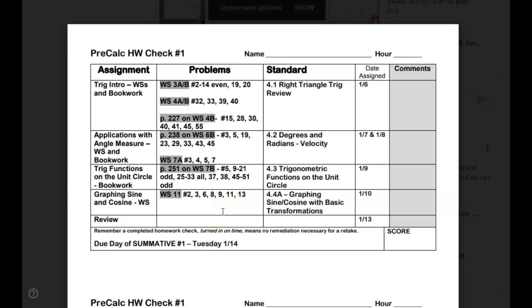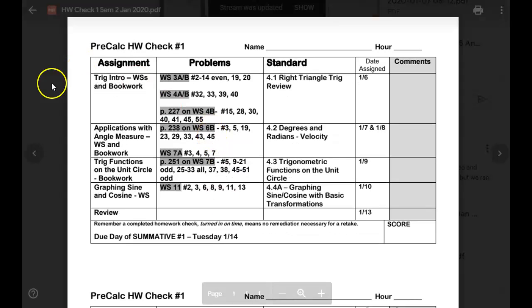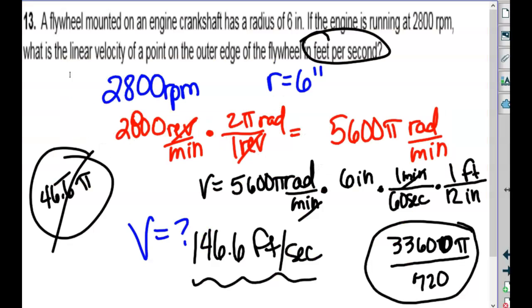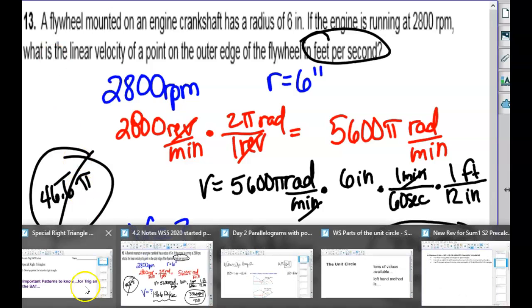We are going to do graphing, but I'm not going to collect it because it's not on this quiz yet. So cross that one out and put special right triangle worksheet. Okay? You need me to go back to the one we just did? 146.6 feet per second.